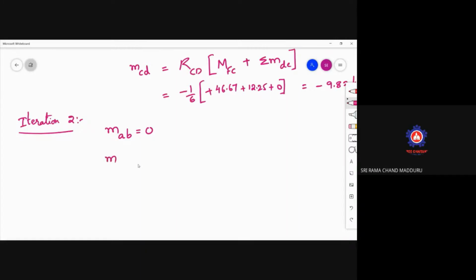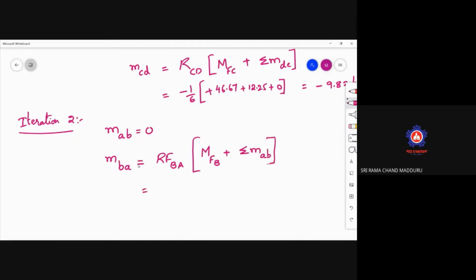MBA I will write down. So MBA is what we are writing, RFBA into, this we used to write as sigma MFBA. Instead of that I can write MFB. That is the restrained moment at B, which is written in the small box, plus sigma MAB.